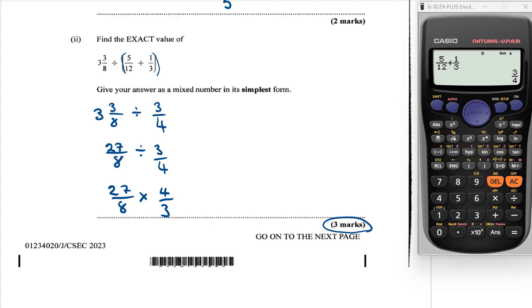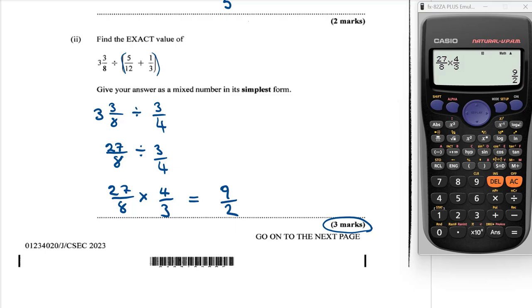Again, we can go ahead and put this directly in our calculators, or we can just simplify, right? But let's put it in our calculators just to work quickly. So this is 27 over 8 times 4 over 3. That gives me 9 over 2.